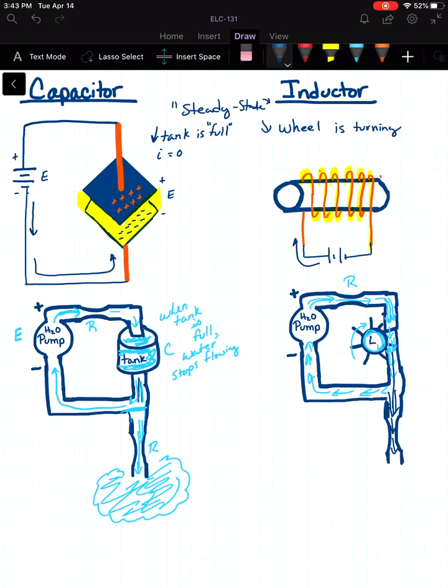And so at that point, you don't have any opposition to that current, so your voltage is 0. So there is a voltage across the cap, but no current. For the inductor, there's no voltage, but there is current. Those are the complement to each other. Next we'll talk about what each of these does in the initial phase, and not steady state.